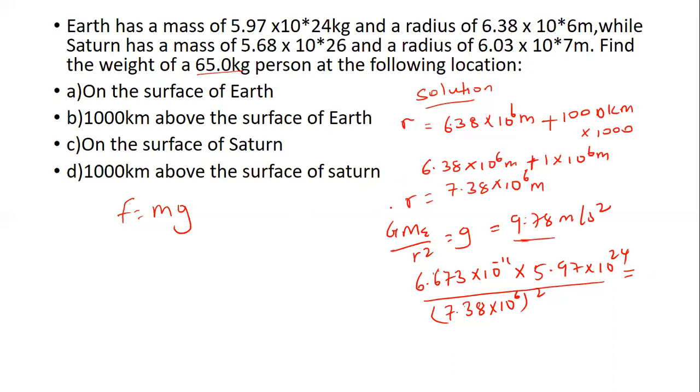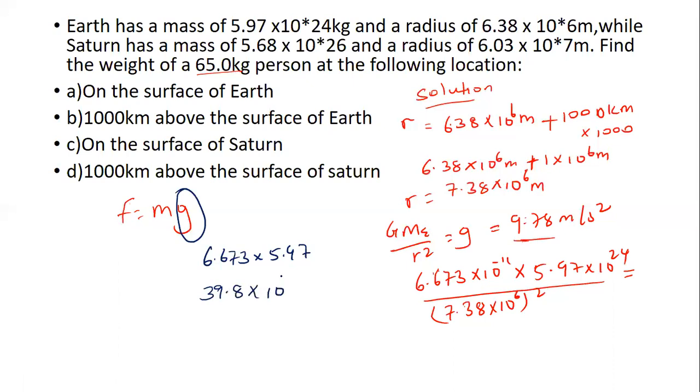So now let's continue with the calculation. We want to find what g is, and when we get it, we're going to plug in the value. 6.673 times 5.97 is 39.83781.